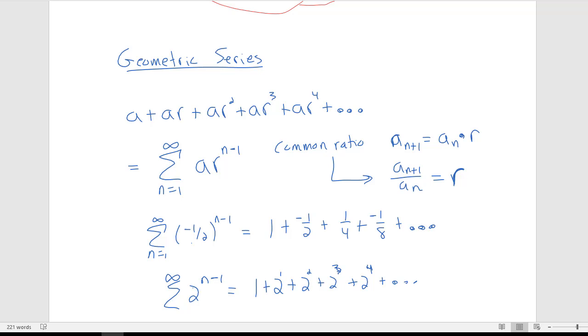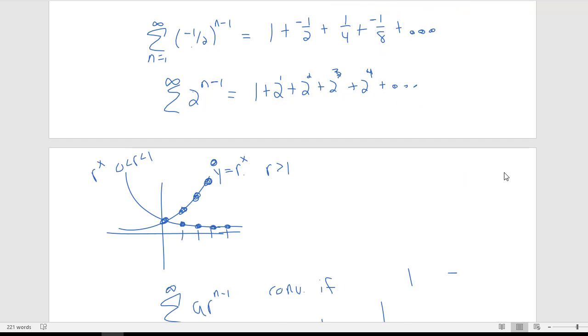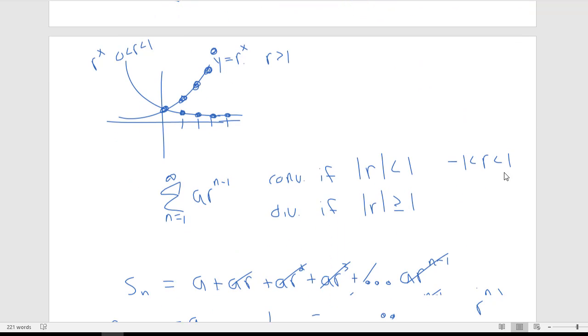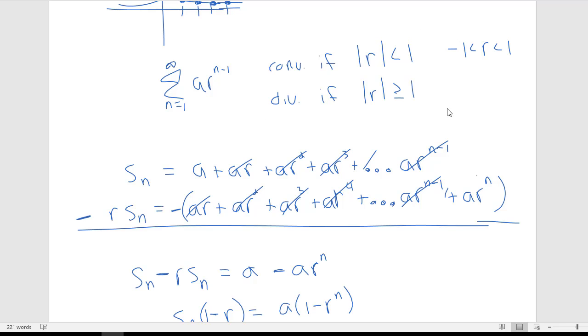Right, and then we talked about a geometric series. We talked about the common ratio of the geometric series. We talked about how in order for this geometric series to converge, that common ratio has to be less than 1 in absolute value. So we looked at a couple examples that we justified graphically, and we talked about where this geometric series converges or diverges.